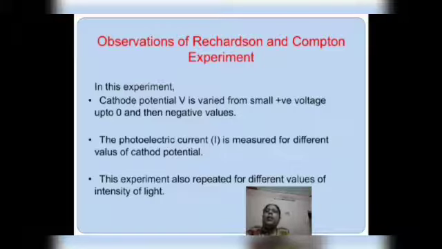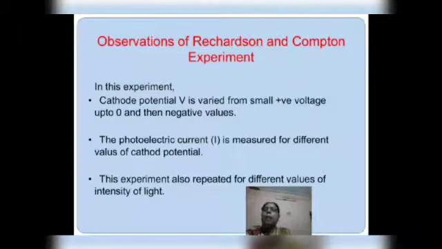The observations of the Richardson and Compton experiment are as follows. First, the cathode potential V is varied from a small positive voltage up to 0 and then to negative values. Means we kept the cathode potential positive, zero, as well as negative.